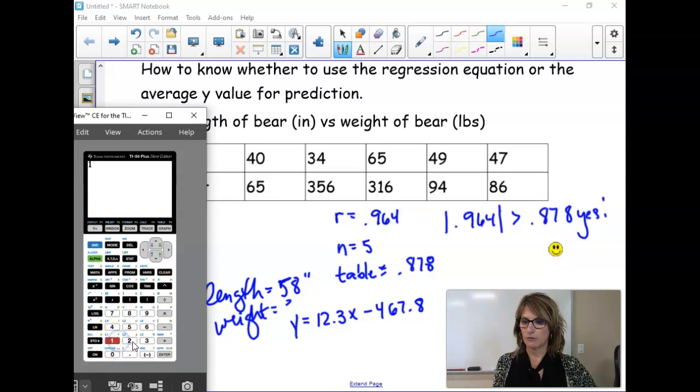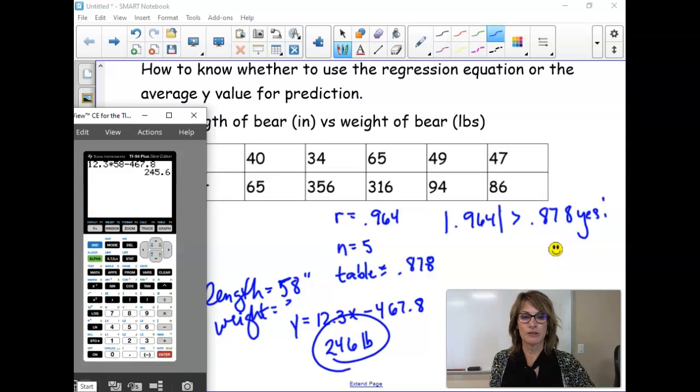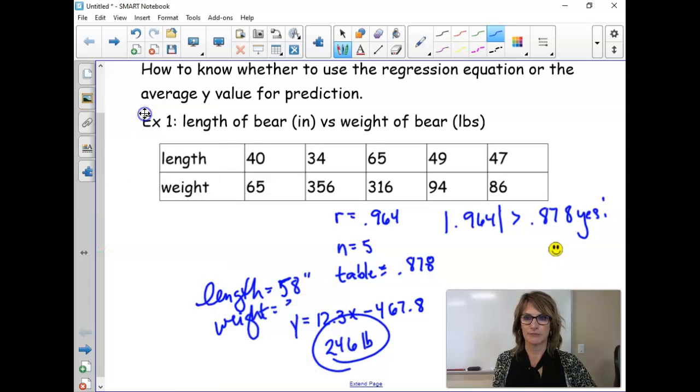So 12.3 times 58 inches minus 467.8, and you should have 245.6 pounds. Let's just round it off to the nearest pound. So about 246 pounds. So if R is bigger than the chart, we definitely can use the regression equation.